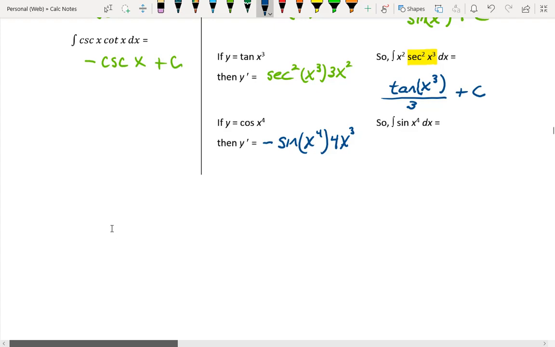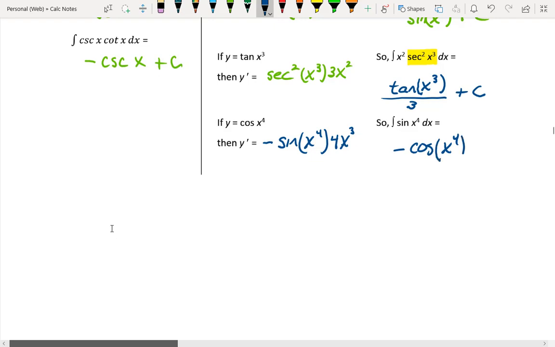Now, here we go. I've got a major problem here, because number one, I know that the antiderivative of sine, the integral of sine of x to the fourth would have to be cosine of x to the fourth, and it would have to be negative. So that part I can see.